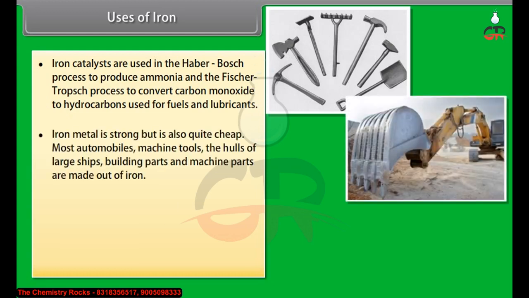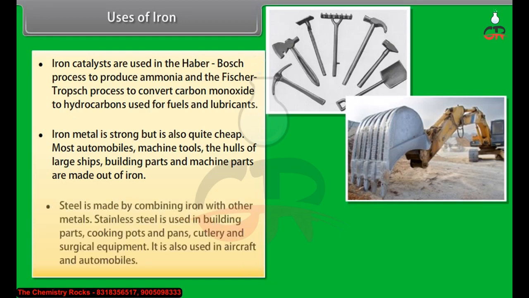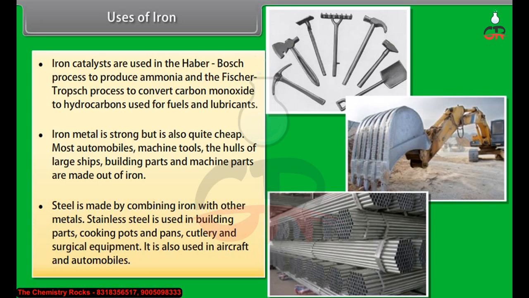Most automobiles, machine tools, the hulls of large ships, building parts and machine parts are made out of iron. Steel is made by combining iron with other metals. Stainless steel is used in building parts, cooking pots and pans, cutlery and surgical equipment. It is also used in aircrafts and automobiles.